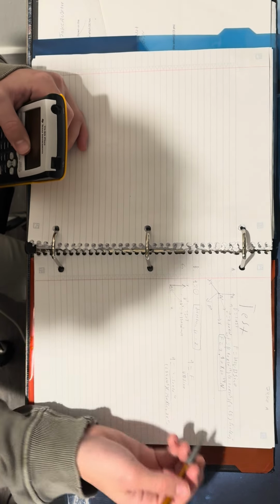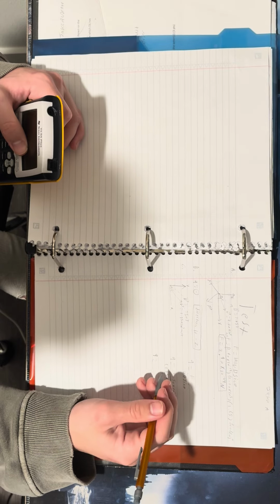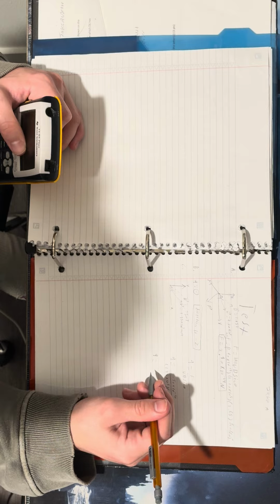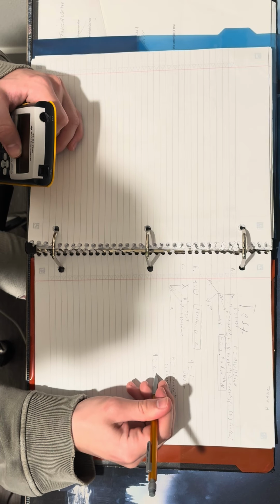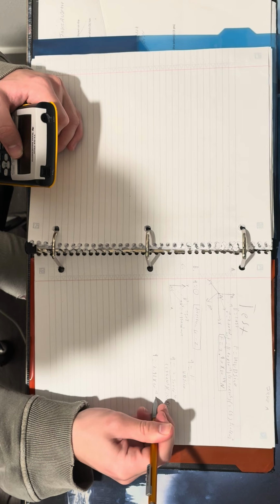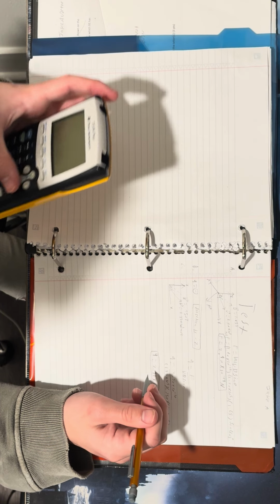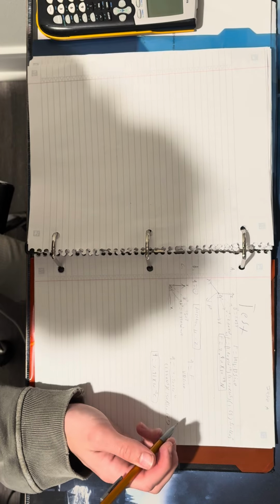Which gives us 2.91 times 10 to the negative 15 coulombs. Okay.